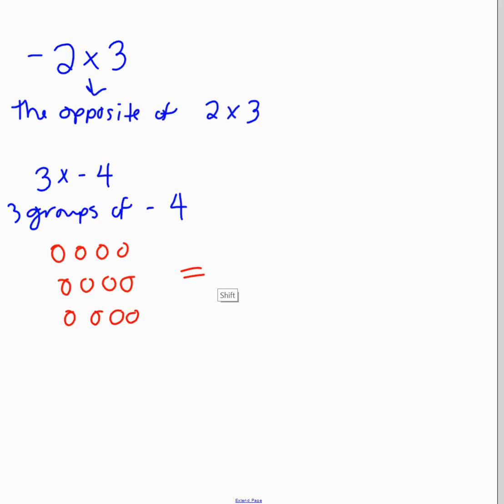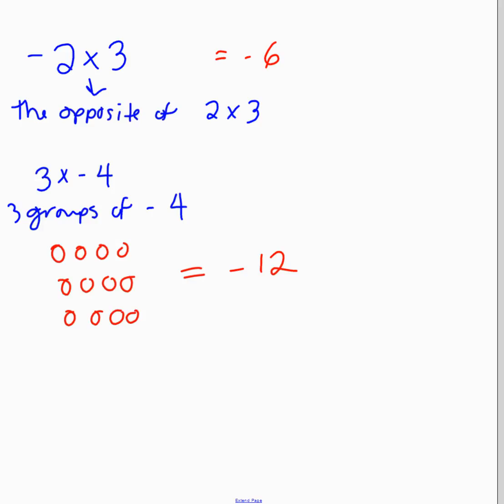What that equals is negative 12. So there's two examples of when a negative times a positive or a positive times a negative results in a negative answer. This first example, when the negative's in front, means the opposite of 2 times 3, or the opposite of 2 groups of 3. This one means 3 times negative 4 means 3 groups of negative 4. Both will give you a negative answer.